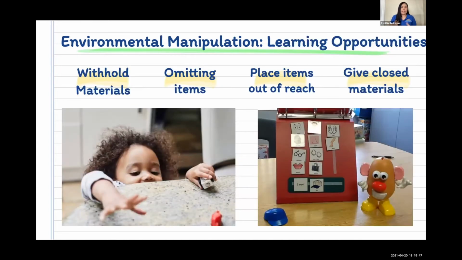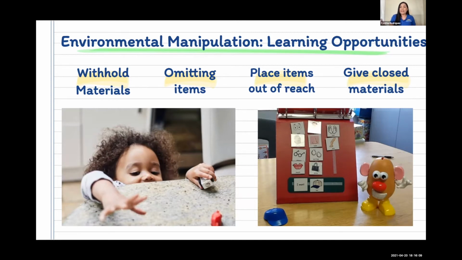So now we're going to discuss a little bit on how you can manipulate your environment to make these learning opportunities. We definitely want to build these learning opportunities because the more that the child practices these different techniques or different activities that we're doing, the more independent they are going to get. So practice is key.